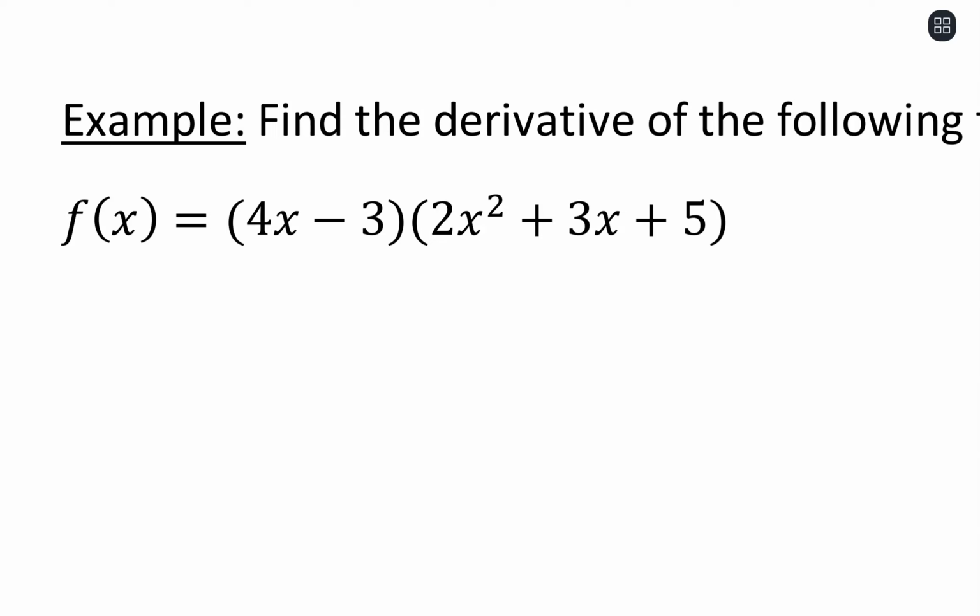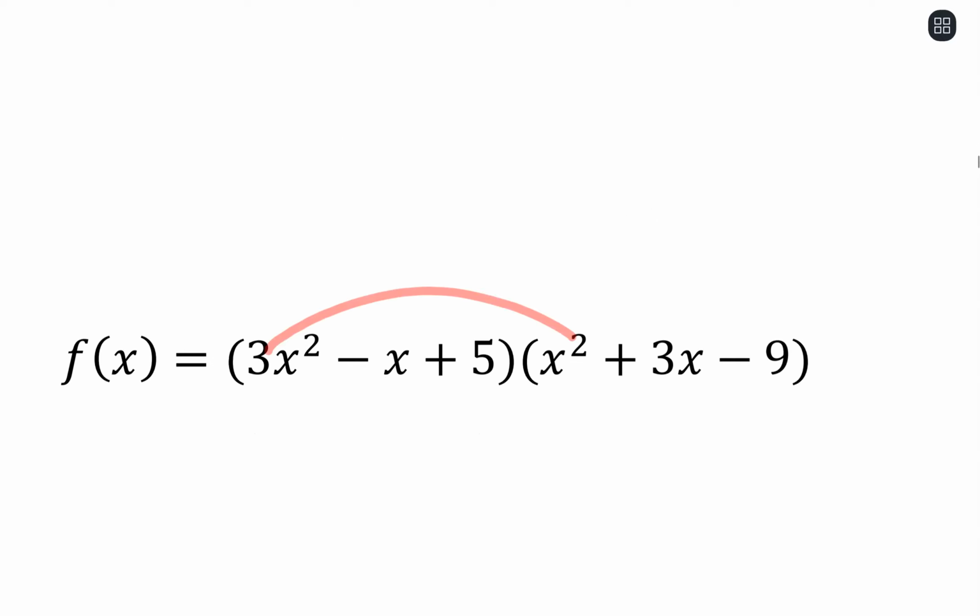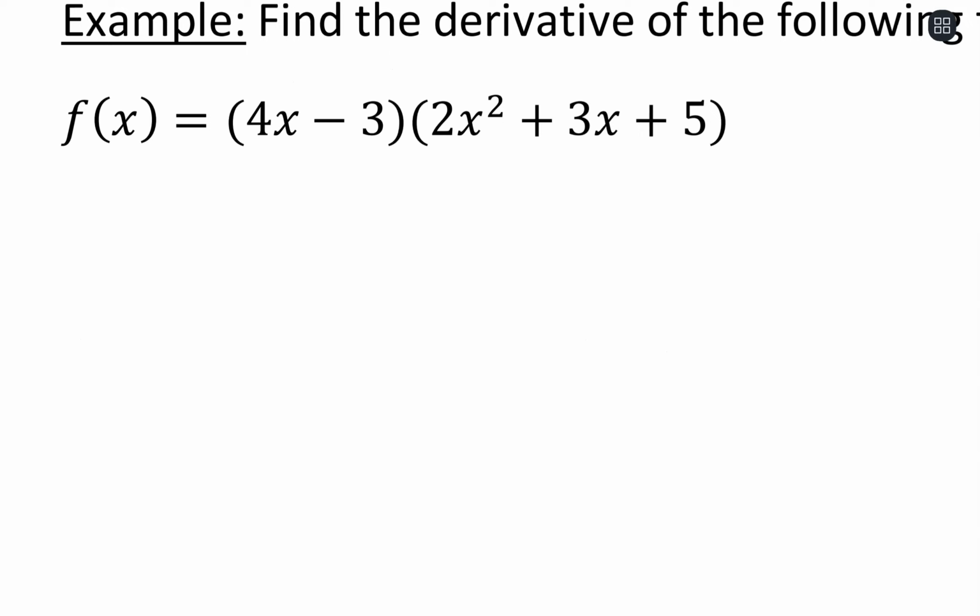Really, we could break this down so that we only had to use the power rule by distributing all of this. It would take a lot of multiplication in order to get a simplified form of f of x, but you should get the same answer in the end. As they get more complicated, there would just be a lot more multiplying to do, but you could simplify it. But let's use the product rule.